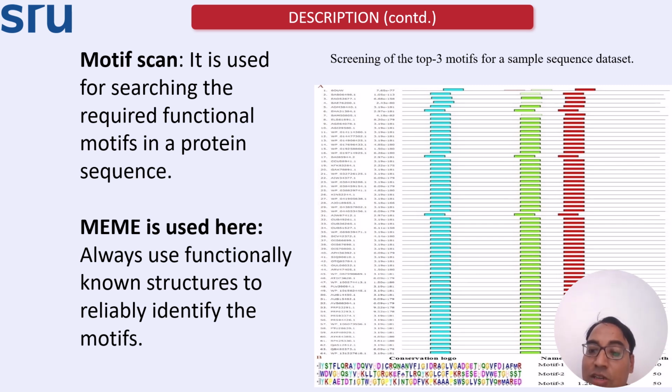MEME is the server used there. See? Those of you who are interested can search this server again for your own peptide sequences. You can either enter one sequence or multiple sequences together, and then it will show you exactly the results like this. See, here are the sequences I entered there.